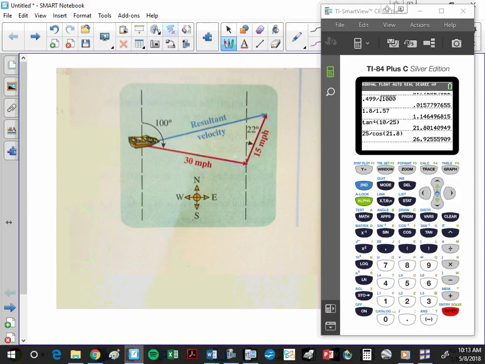So, all right. What I want to know is, what is the length of that vector? Right? I don't have a right triangle. I have an angle. Now, what three-letter combination am I looking at here?